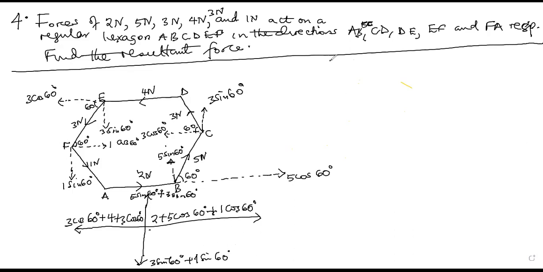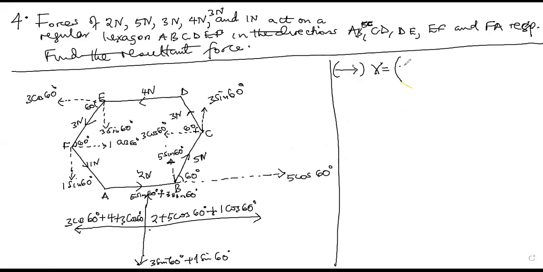Now, after having gotten this summary, even if you don't show this summary, you can work on it. If I need the horizontal component, that is the x, it is going to be equal to the sum of the positive ones minus the sum of the negative ones.